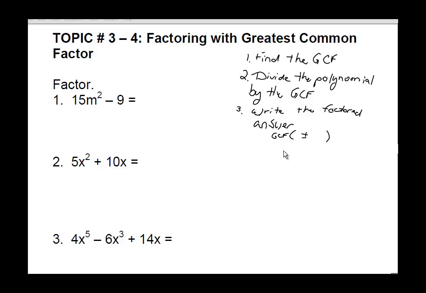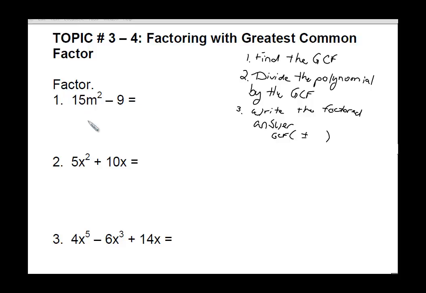But whatever you do, for your final answer when you factor something, the first thing you do is look for a greatest common factor, and that goes out in front. Later, when we factor quadratic equations, look for a GCF first, and that goes out in front. The problem I have with several students over the course of the years is they'll write their factored product, but they forget to put this in the front of the answer.